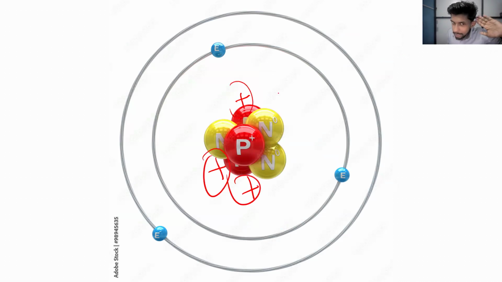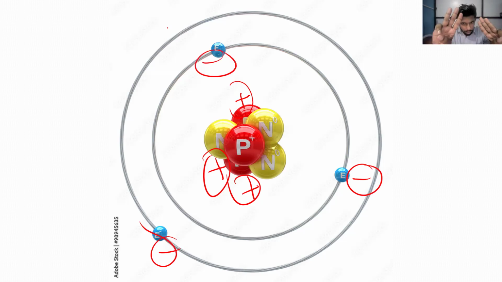And already I have explained, if you have 3 protons, if you have 3 plus charges, how many electrons will be there? 3, 1, 2, and 3. So 3 plus and 3 minus got balanced. So totally the charge will be 0, balanced. Did you get the idea?